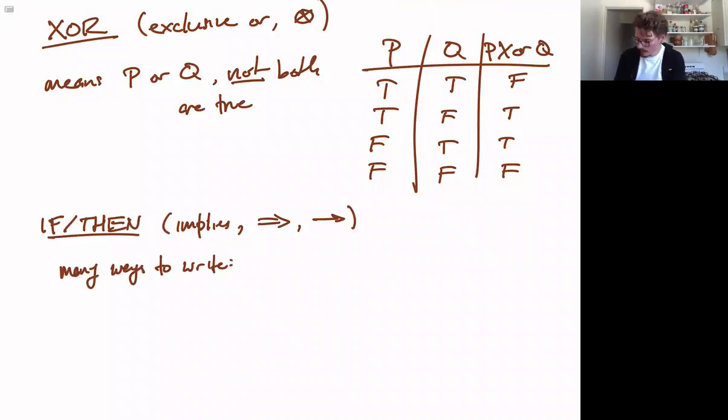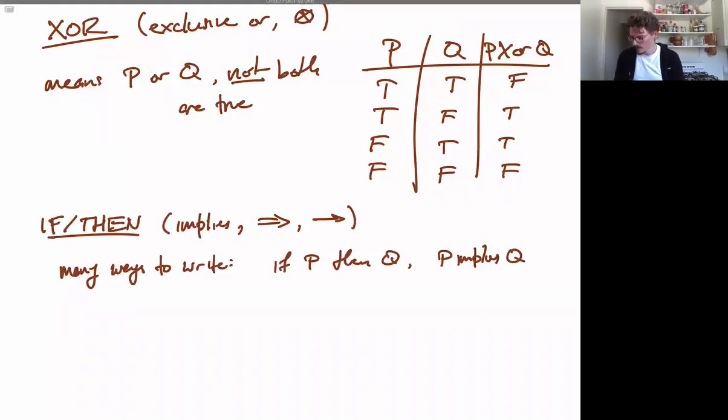So, for example, if P then Q, this is the headline way. P implies Q. Of course, you can use the double or single arrow.